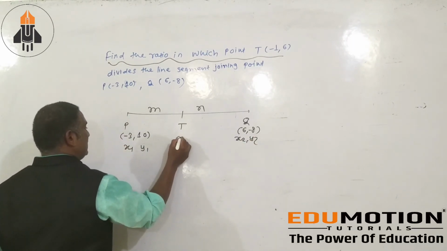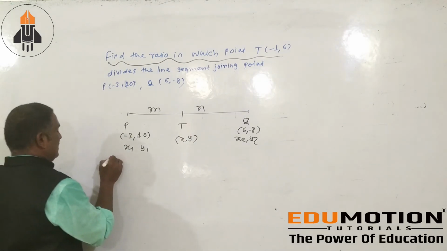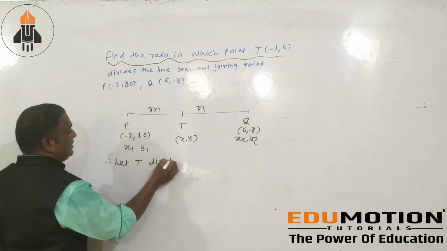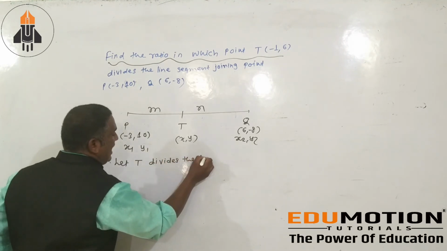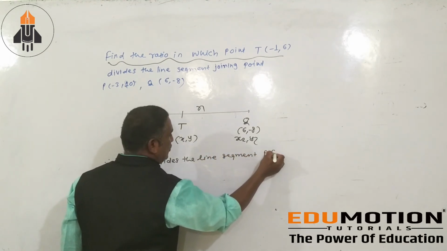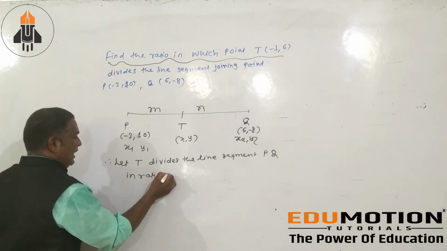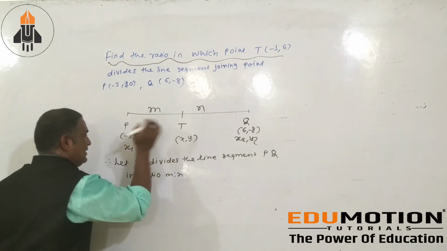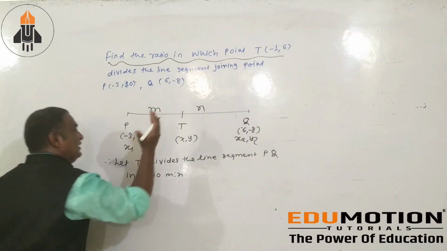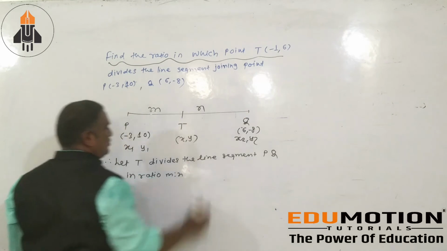Then we write x comma y. Let this T divide the line segment PQ in the ratio m is to n.